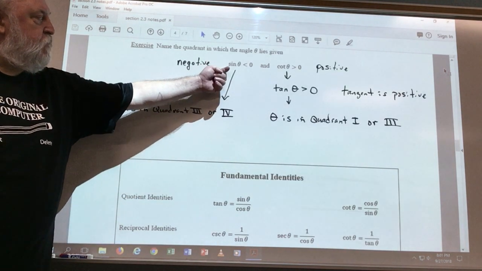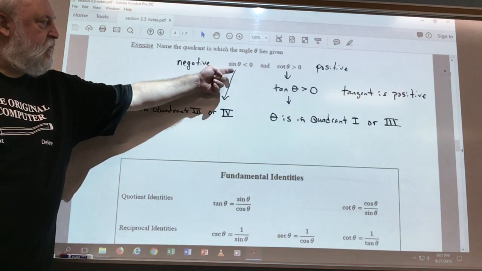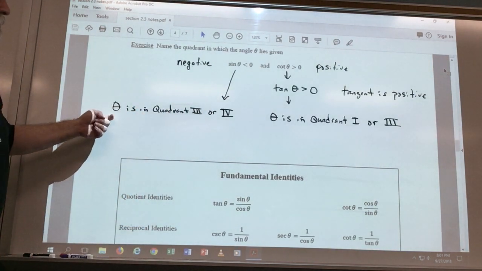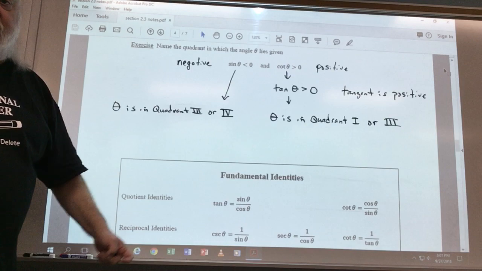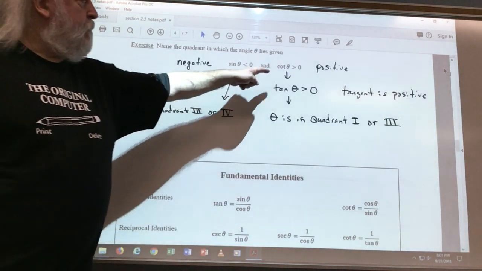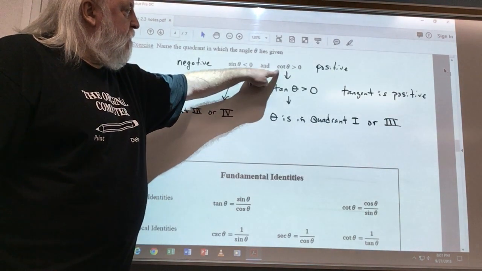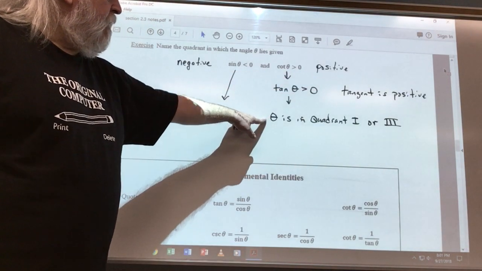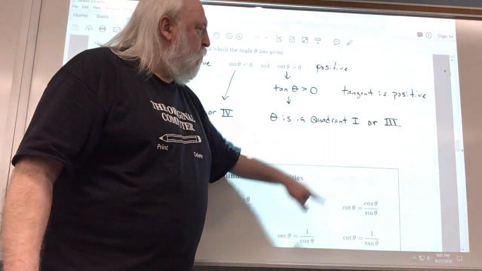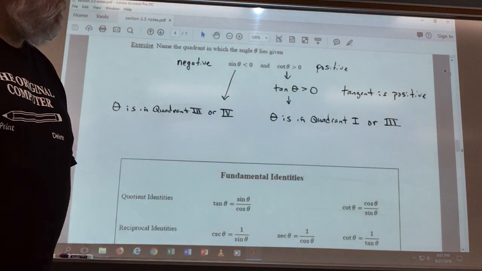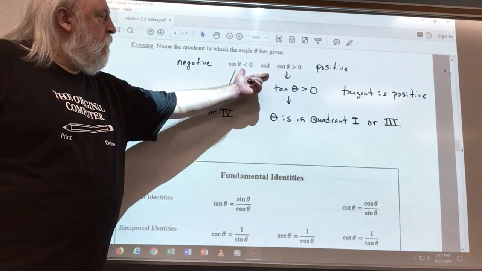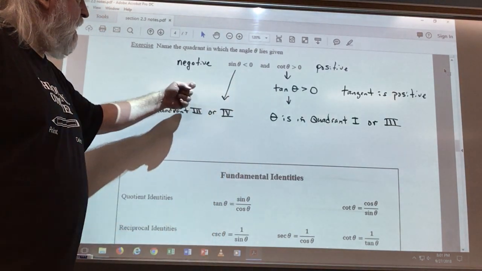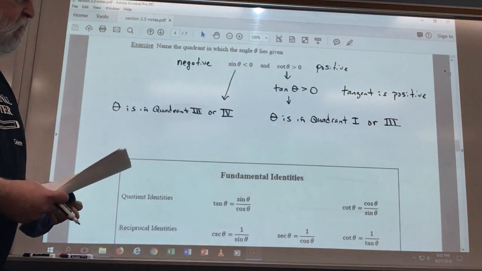So based on the first piece of information, the value of the sine function is negative, which means theta must lie in quadrant 3 or quadrant 4. In the second piece of information, the value of the cotangent function is positive, which means theta must lie in either quadrant 1 or quadrant 3. Well, what quadrant must theta lie in to satisfy both pieces of information?